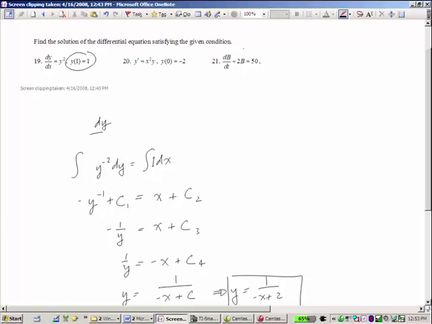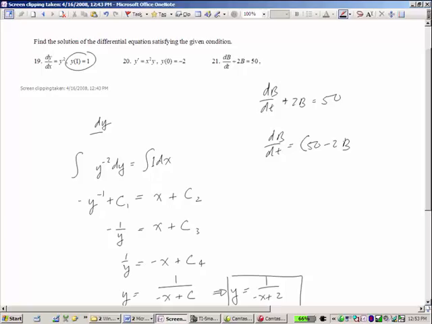Let me just start 21 for you because it has a slightly different strategy to get started, and it's just algebra. But the first thing we would do is isolate the differential part, so we'd get 50 minus 2b. Now here the important thing is to understand that you can't just add 2b back to the other side and separate the variables.